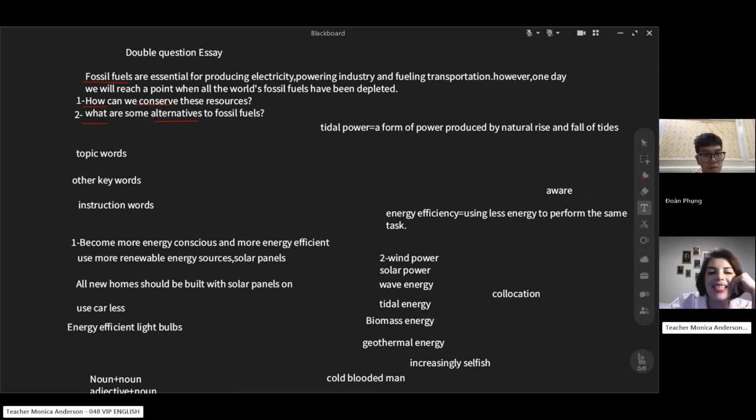Fossil fuels are essential for producing electricity, powering industry, and fueling transportation. However, one day we will reach a point when all the world's fossil fuels have been depleted. So let's write it.